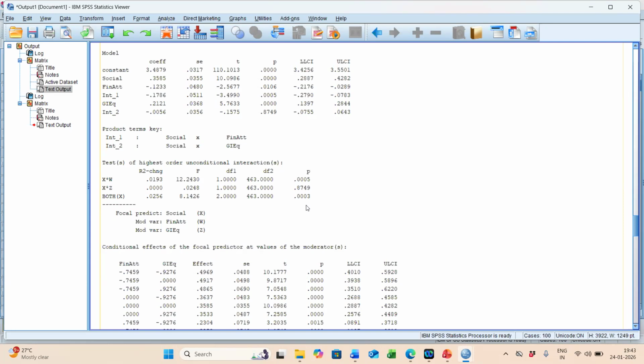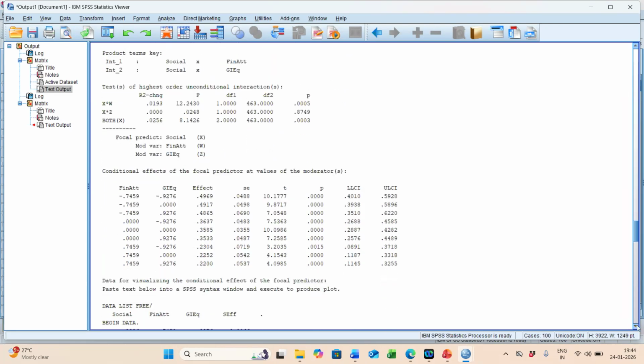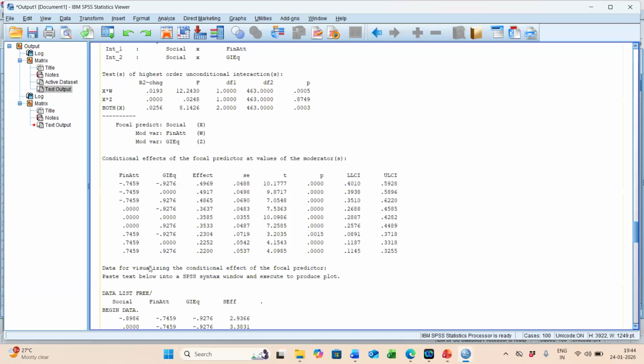Okay. This part itself can be explained as a paragraph. You have to develop that. Yes, you have to understand how to interpret this. Okay. Actually, we have focal predictor values, lower level of financial attitude, average level of financial attitude, and the highest level of financial attitude.